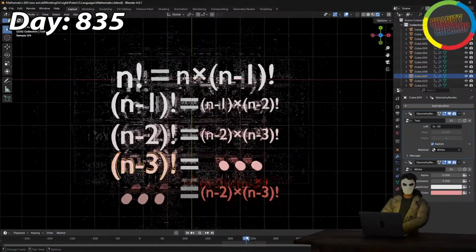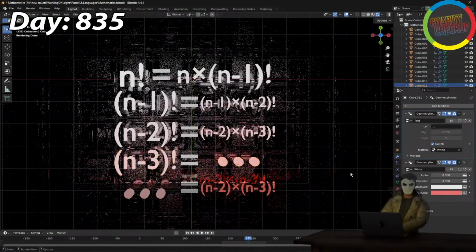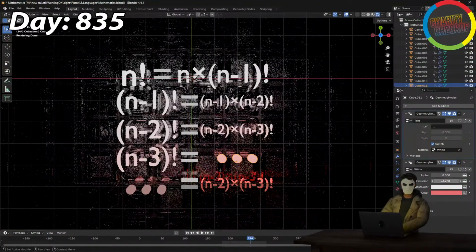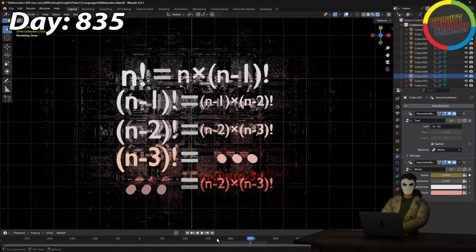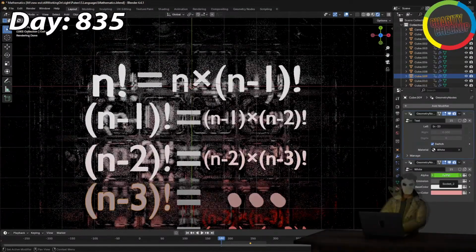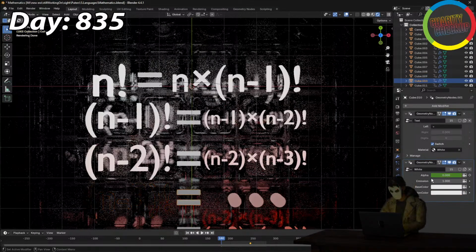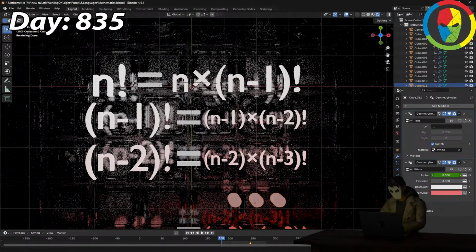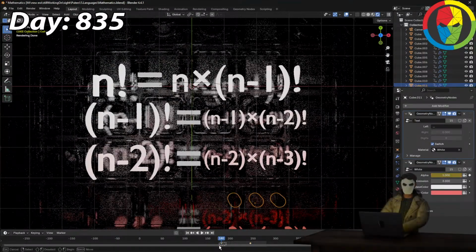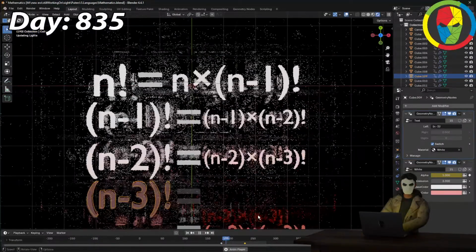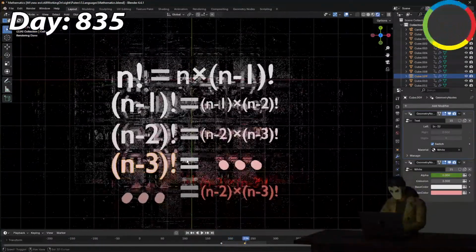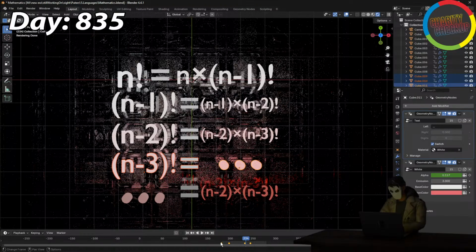Right here is where we would like the top ones to be already visible. Like so. Here we'll have them as a 1. Actually, this one will be visible a little bit further. This one will be visible a little bit beforehand. We can move it a bit.